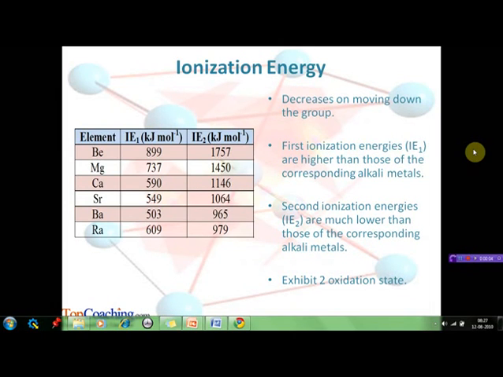Next property is ionization energy, which is the energy required in the removal of the outermost electron from an isolated gaseous atom in its ground state. IE1 depicts the first ionization energy that is involved in the conversion of a neutral gaseous atom into a unipositive metal ion, and IE2, which depicts the second ionization energy, is the ionization energy corresponding to the conversion of a unipositive ion to a dipositive ion.